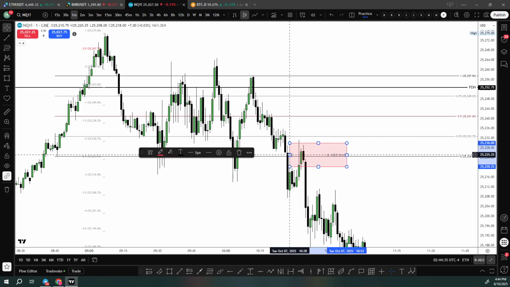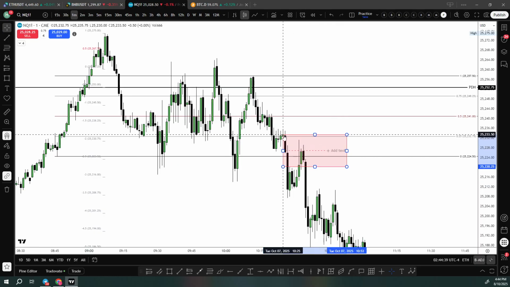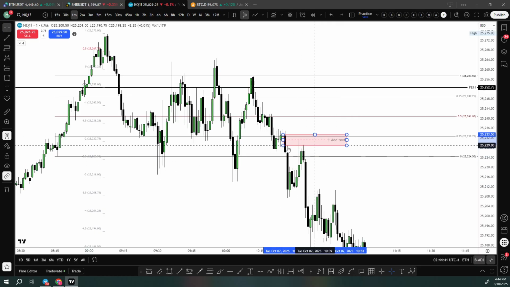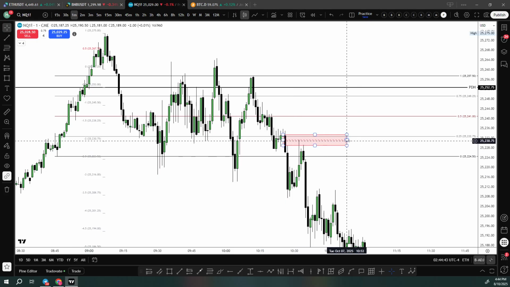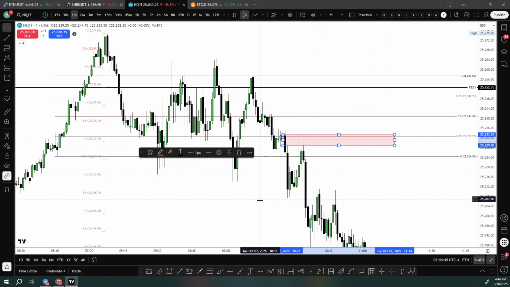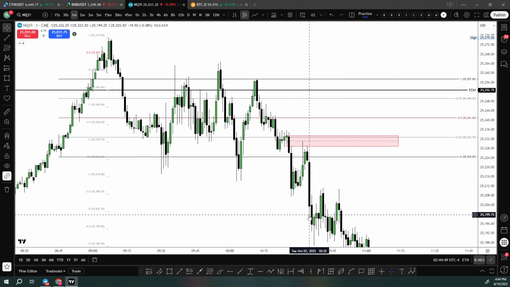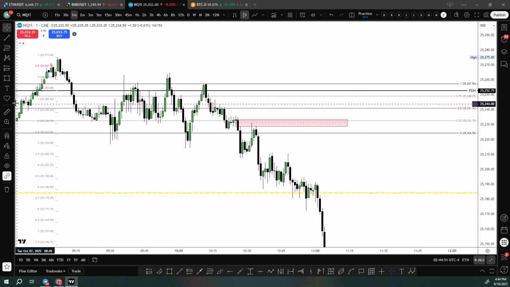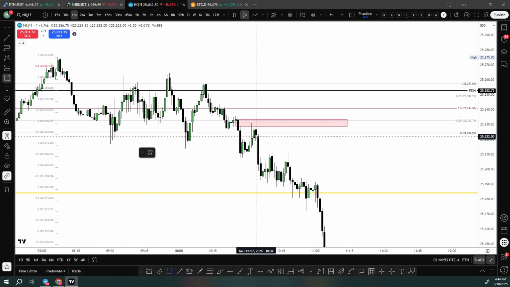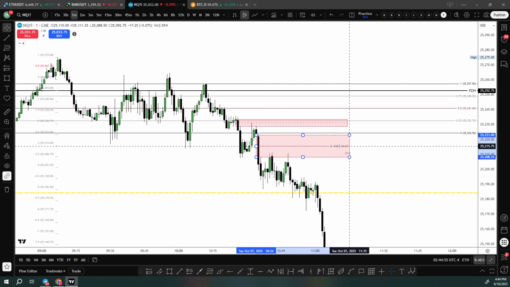You could count, some people do this, they'll count this whole move. I guess there's a gap there, so it's really just down to here. I'm going to use it like this, because we broke out of the range. We attempted to reclaim it, failed. Then we formed this SIBI here.